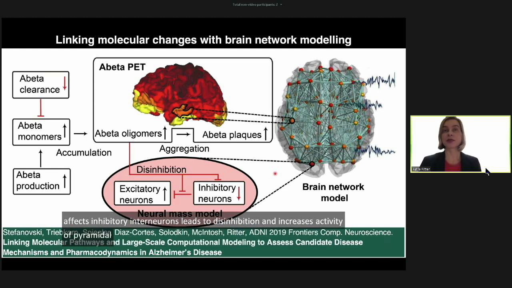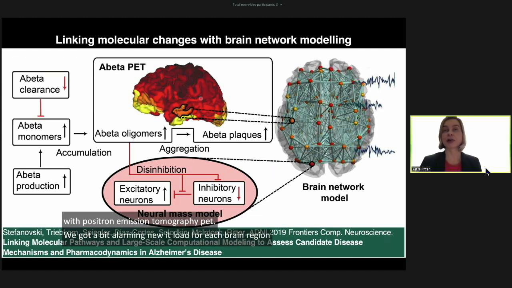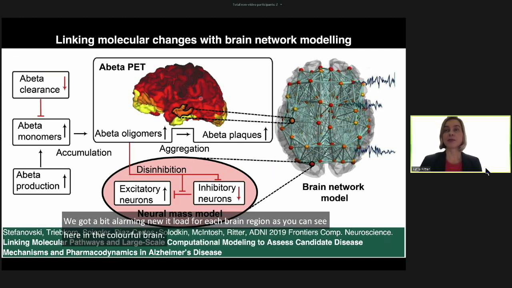Amyloid beta distributions in the brain can be measured with positron emission tomography, PET. We get a beta amyloid load for each brain region, as you can see here in the colorful brain. We thus can implement the signaling cascade in our model.